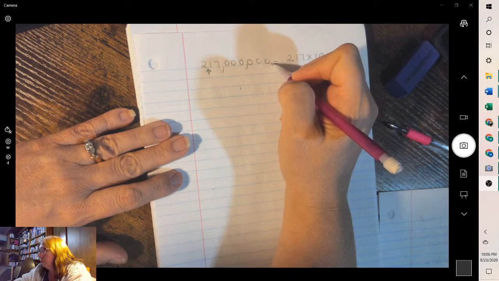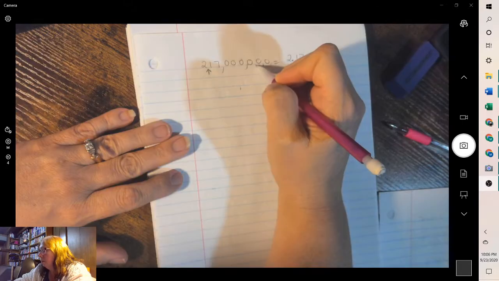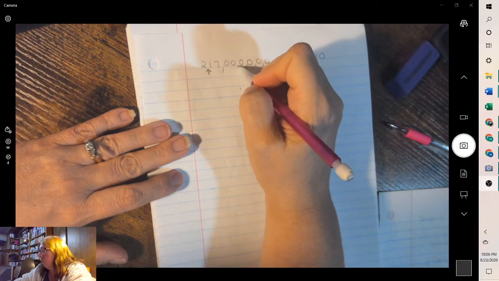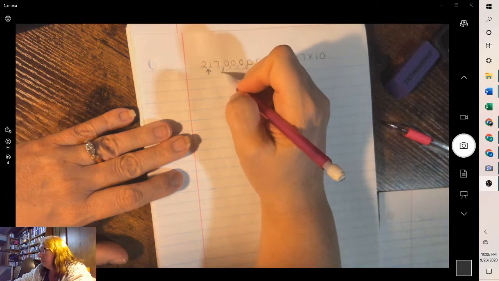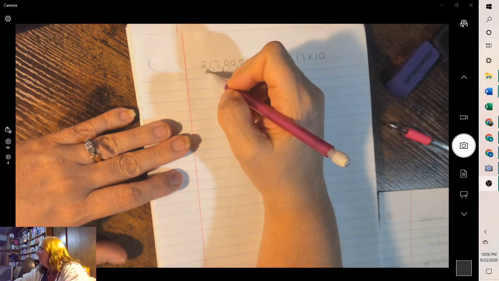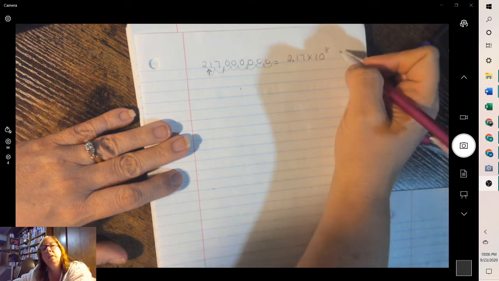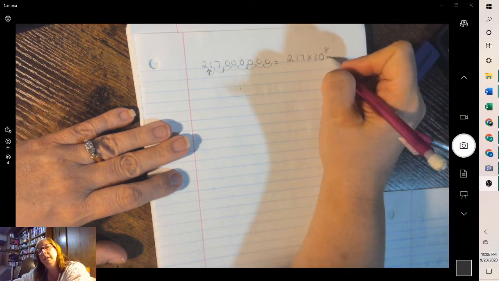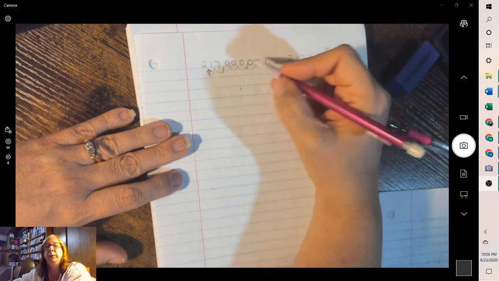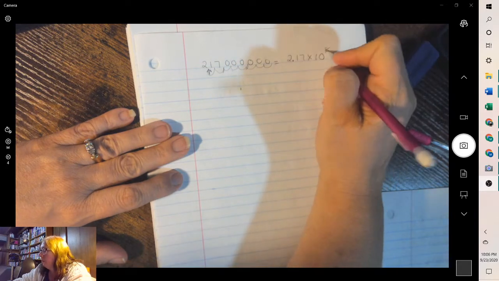See how many decimal places you need to move. 1, 2, 3, 4, 5, 6, 7, 8. We need to move 8 decimal places, so it's an 8. Then you need to decide if it's positive or negative. This number needs to get bigger, so it needs to be a positive 8.